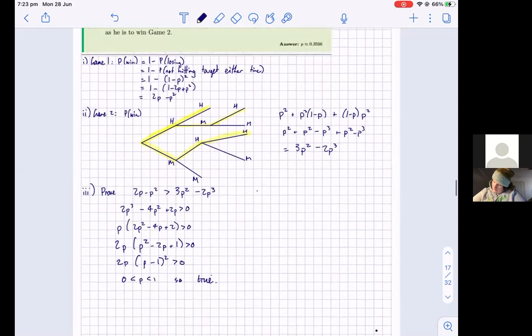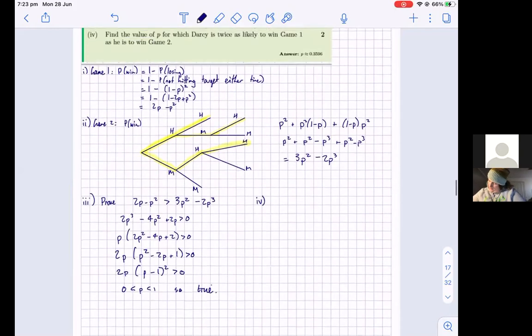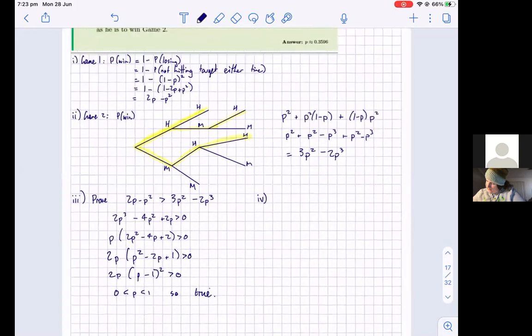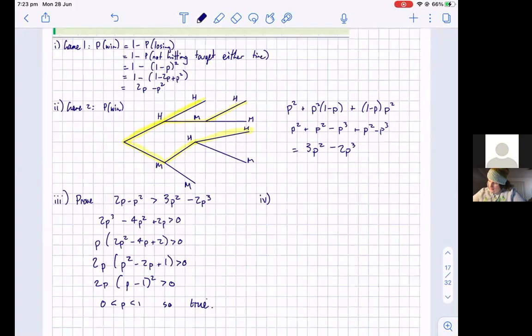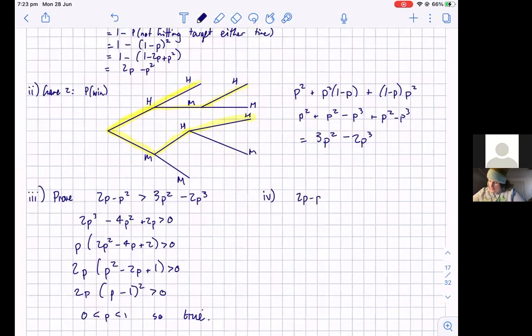And then part 4, sorry. Find the value of P for which Darcy is twice as likely to win game 1 as he is to win game 2. So we're trying to say that 2P take P squared is 2 times 3P squared take 2P cubed. So 2P take P squared equals 6P squared take 4P cubed.